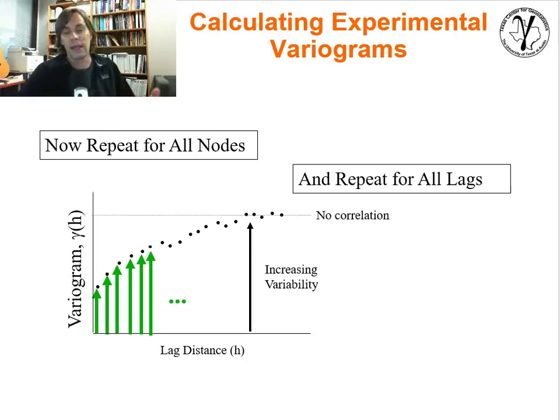When you're done, you've taken the square difference of all those pairs, you sum that up, or you calculate the average of it by dividing by the number of pairs, you multiply it by 1/2, and that gets you a single variogram value. 1, 2, 3, 4. That would have been for this lag bin 4. You would have done it for 1 through 3, 5 through whatever, the number of lags you want to look at, and that would give you the experimental variogram. Each one of these points represents a single lag, which is calculated by scanning that template through.